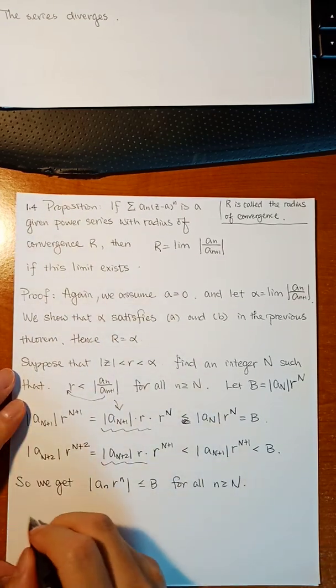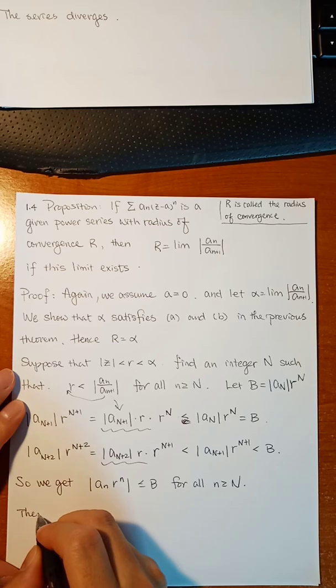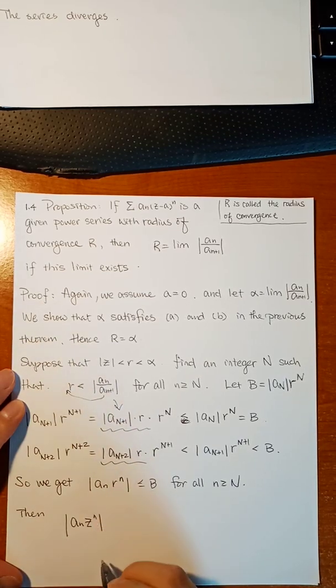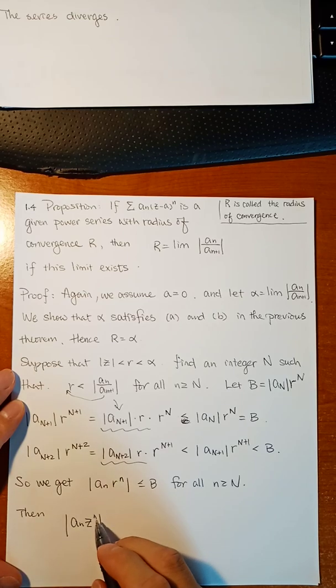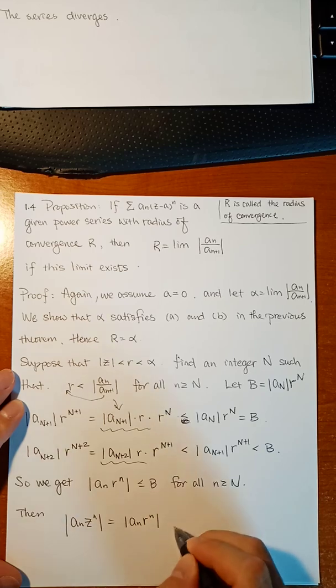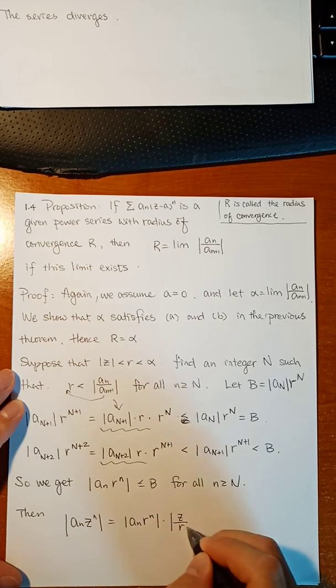Now let's see. Then what we have? The absolute value of a n z to n is equal to the absolute value of a n r to n times z over r to the n.